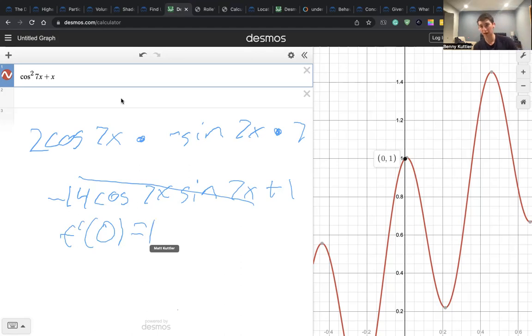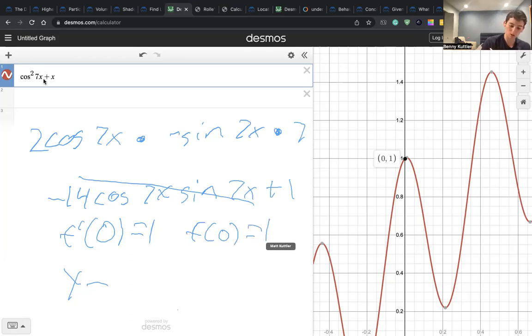And now to find the tangent line here, we do y minus y1. So if we go to our original function up here and plug in 0, 0 times 7 is 0, cosine of 0 is 1, 1 squared is just 1, plus x is 0, so we have 1 plus 0, which is 1. So our y value, f of 0 equals 1.